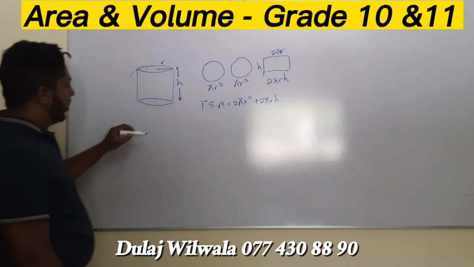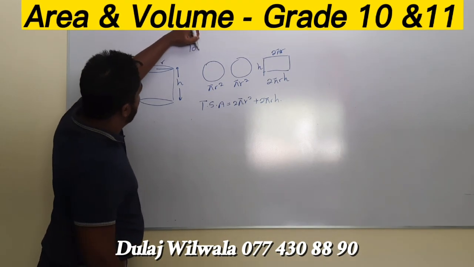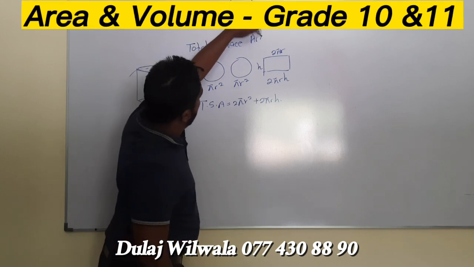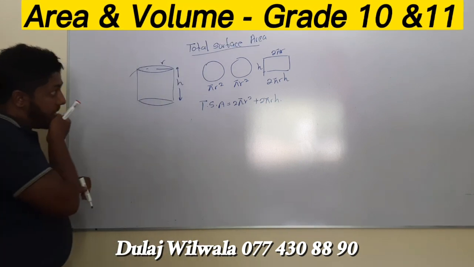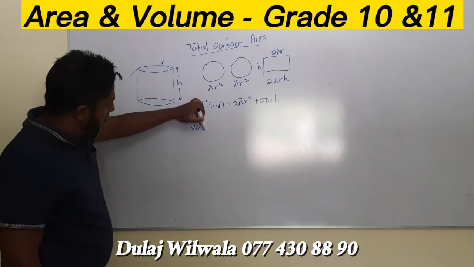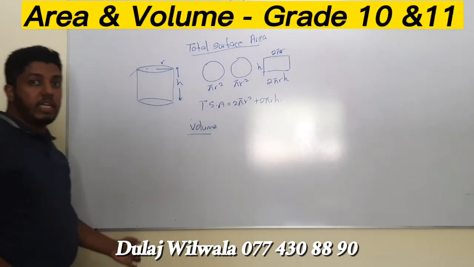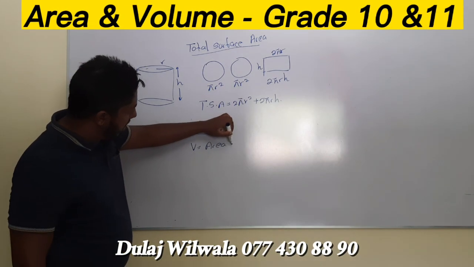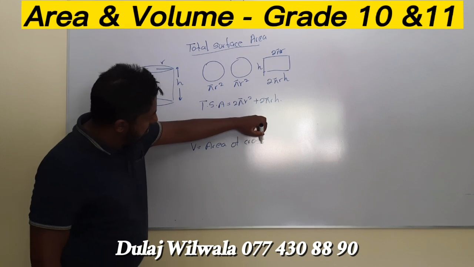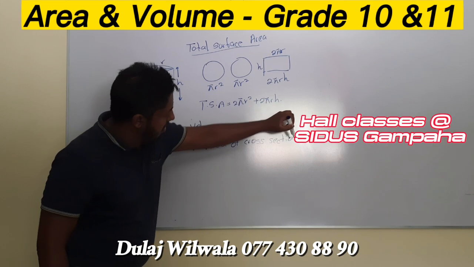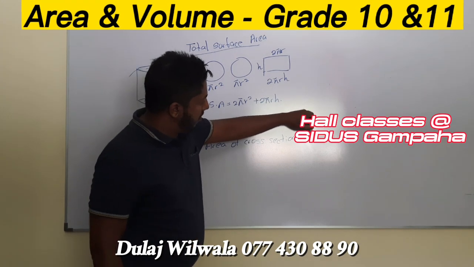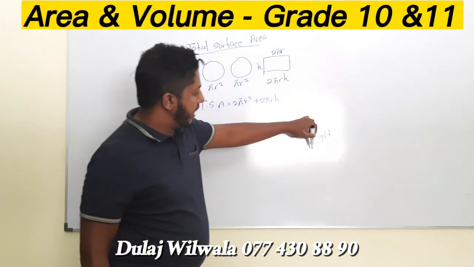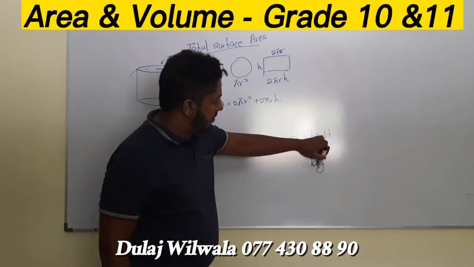And also the volume of this particular cylinder will be area of cross section into height or length.